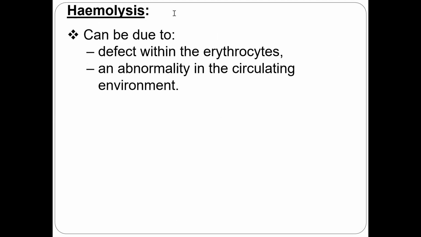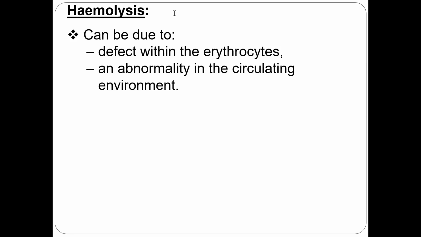These hemolysis can be as a result of a defect within the red blood cells itself, or an abnormality in the circulating environment. So the red blood cell itself can have certain abnormalities that can cause them to hemolyze abnormally.